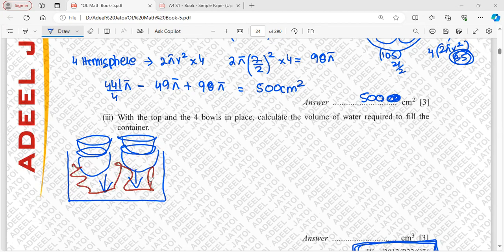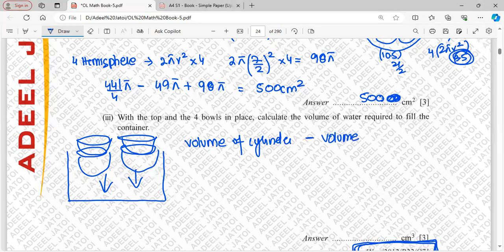So we are going to take out the volume of the cylinder and subtract the volume of 4 hemispheres, because we do not need these volumes. The hemispheres will not be filled with water; only the cylinder will be filled in.